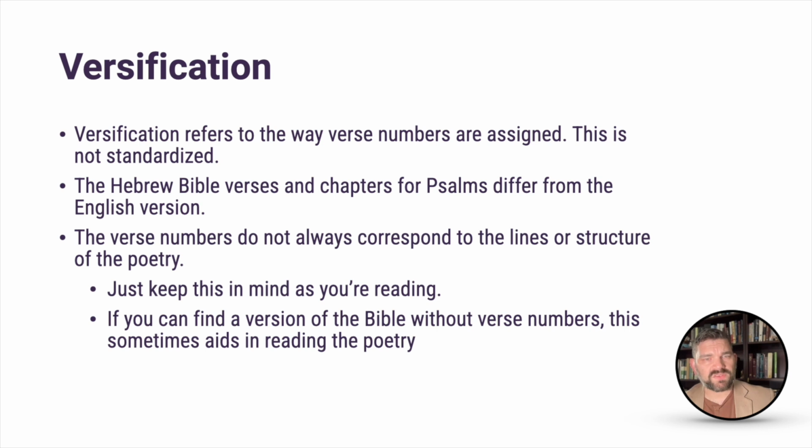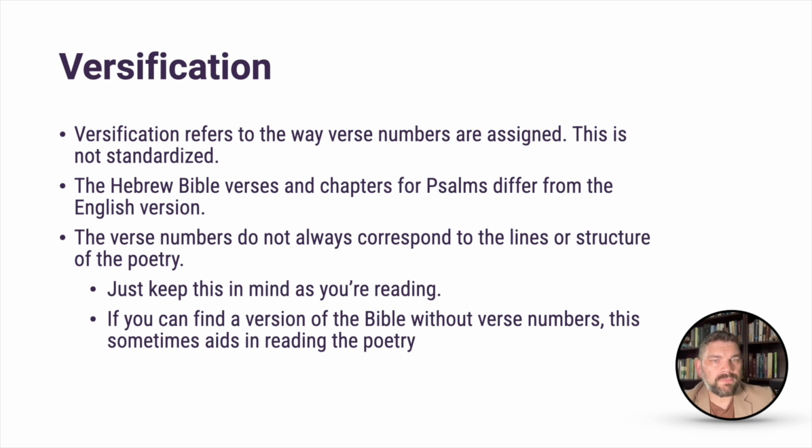So the Hebrew Bible verses and chapters for Psalms actually differ from the English versions in many ways, and we don't need to go into the details of that, but just to know that sometimes when you're reading your commentaries, you'll notice that they might reference a particular psalm with, say, Psalm 8, and then in brackets they'll say Psalm 9. Well, the number in brackets is the Hebrew version, so they're giving you both references depending on which version you want to use.